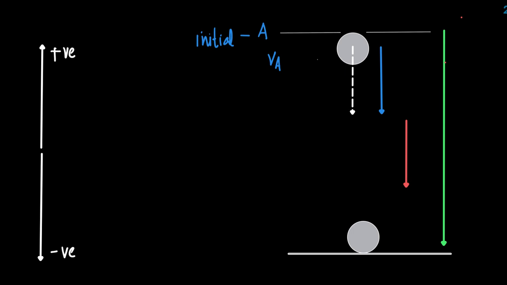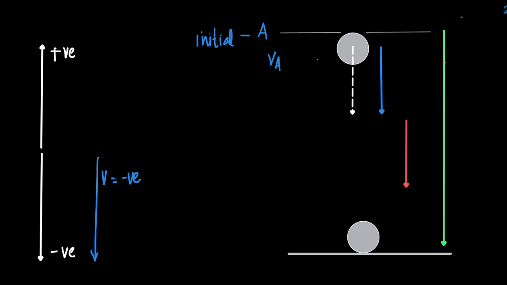Does it make sense? We'll go through in detail. Velocity of the object is acting downwards. Therefore, V is negative. Acceleration due to gravity, the force of gravity will always pull the objects towards it.